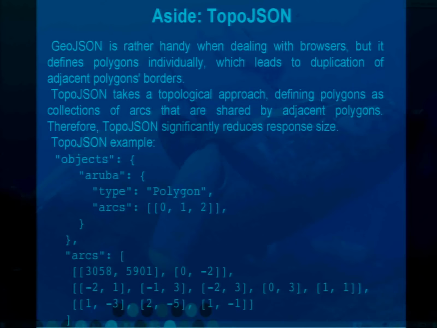Another thing, TopoJSON. I don't know how many of you are familiar with it, but basically it is GeoJSON using topology, as the name may suggest. In GeoJSON, every polygon is defined by itself, like an island, which means that when you have two adjacent polygons, you are actually duplicating data, replicating arcs.